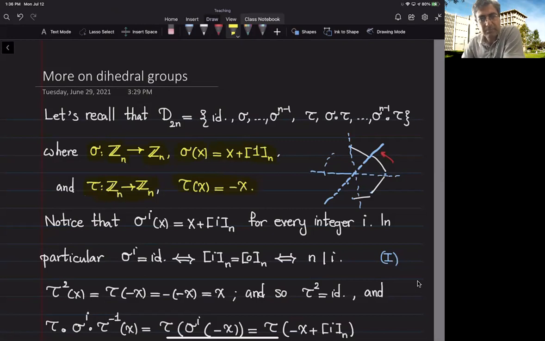Having this sigma and tau, we could list, and we did list, all the elements of the symmetries of this n cycle, and they are of this form. N of them are rotations, and n of them are reflections, if I interpret them in terms of Euclidean geometry.